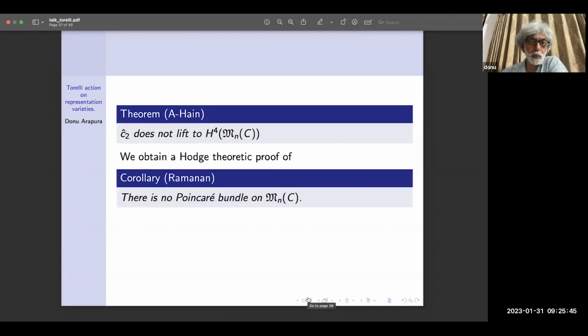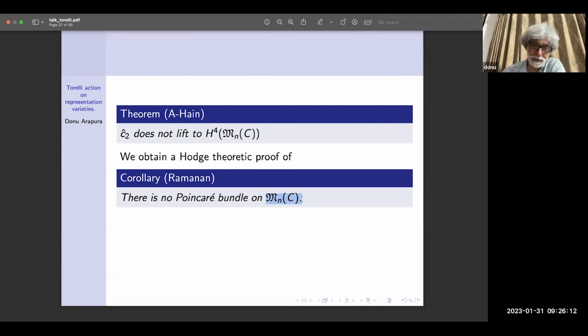This was not our intention, but it just sort of fell out of what we were doing. There's an old theorem of Ramanan that there's no Poincaré bundle on this moduli space, and I should remind you that this is degree 0, which is sort of the bad case, but for us it's actually the interesting case.